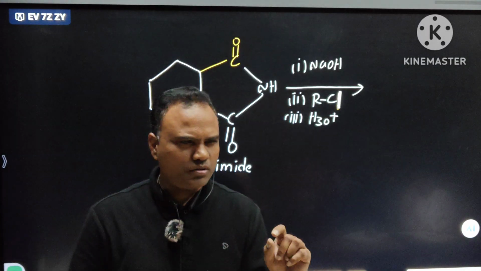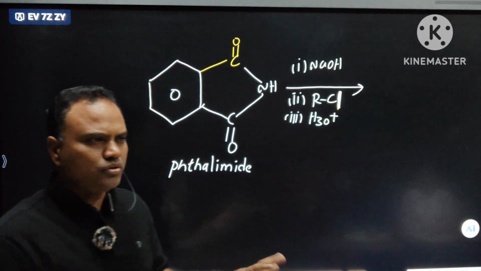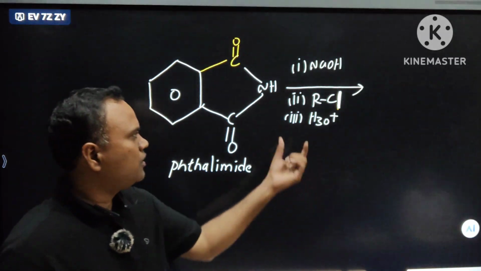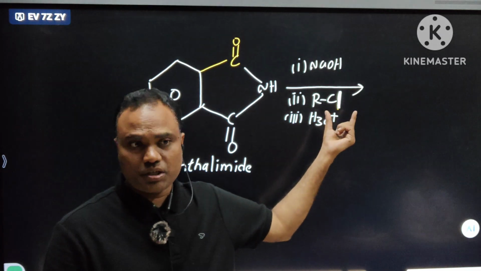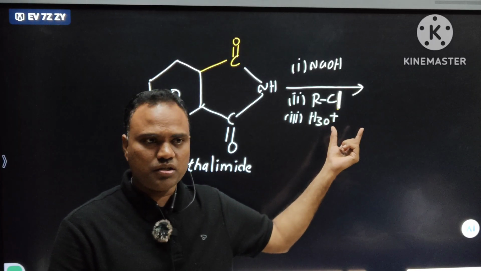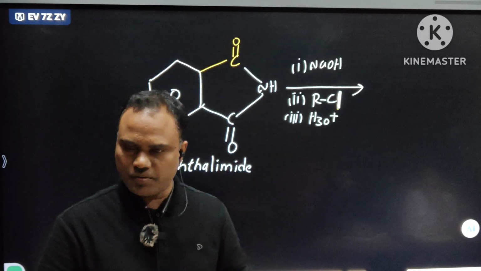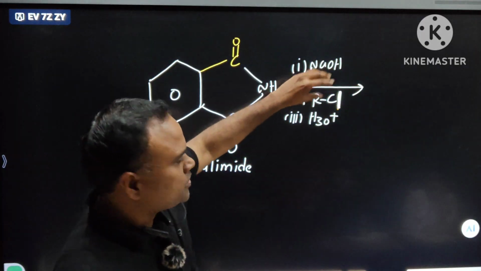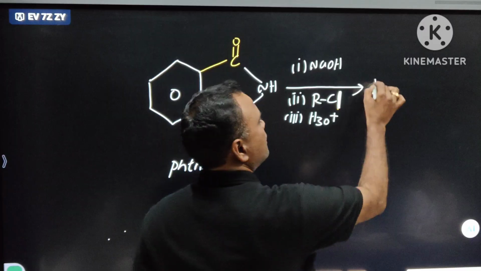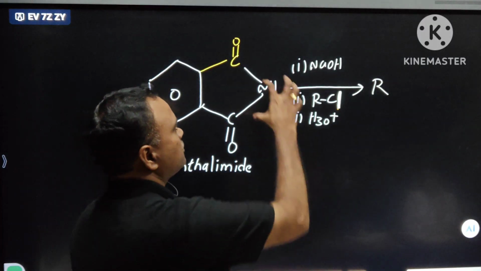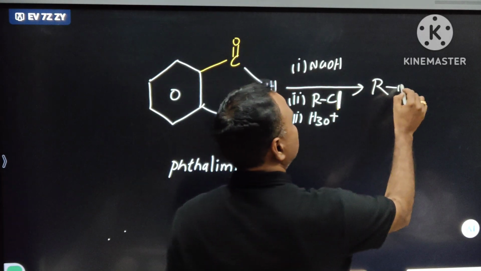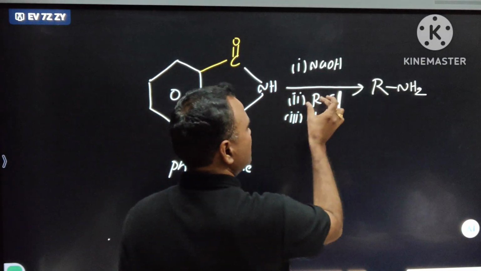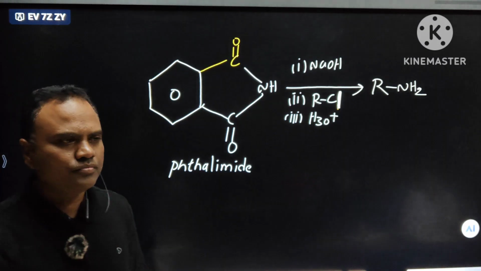Let's see a very simple trick. You need not do any big or lengthy mechanisms. Here we are taking alkyl halide, but the condition is that the alkyl halide should not be tertiary, and should not be aryl halide. Take this R as it is, attach NH2.